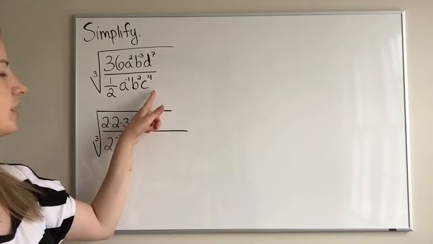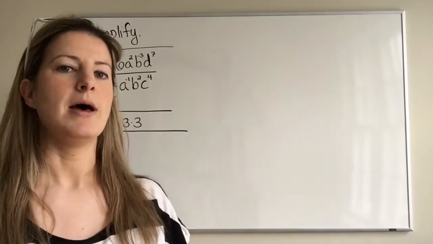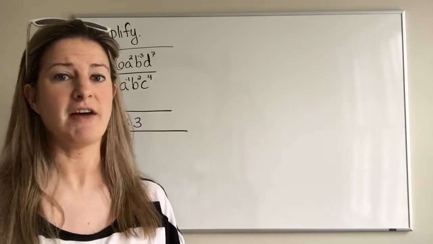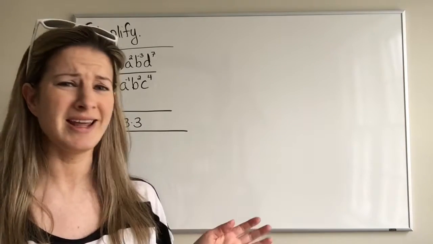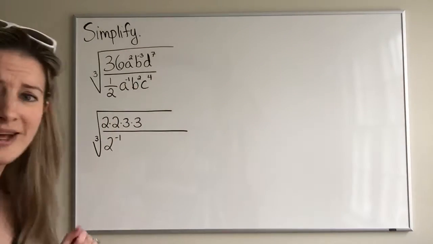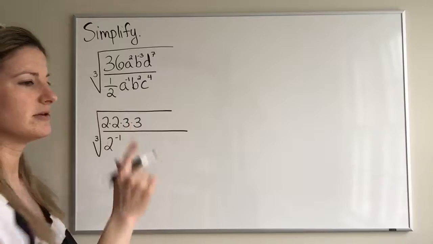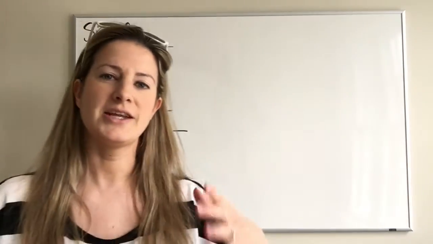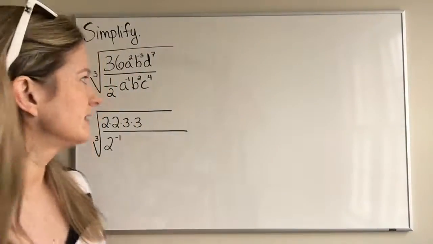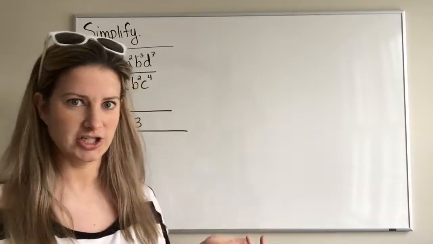Now let's handle our variables. The first thing is we don't want negative exponents. Remember, math is the best subject ever. We don't want negativity. So no negative exponents. We've got an a to the negative 1 down here. I used to tell my students, imagine you're in a house with an upper level and a bottom level, and if your exponent is negative, it's unhappy. How can it get happy? It changes levels.